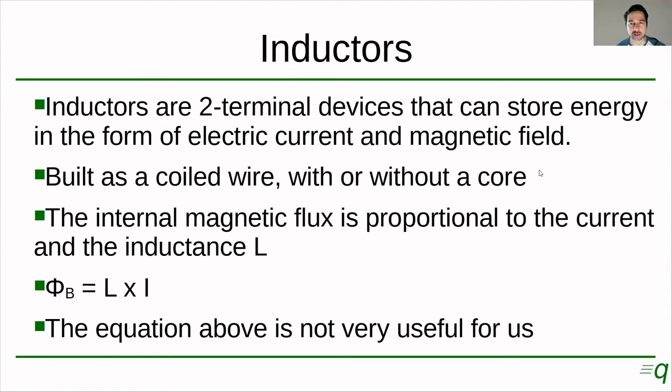There are some differences there that we're going to see in a few minutes, but the construction is very similar. So they produce magnetic flux inside, right? And that magnetic flux is proportional to the current and the inductance. This would be the equation, but this equation is not really very useful for us because in an inductor, we do not normally have access to this magnetic flux. It is contained within the device, or at least that's the intention.